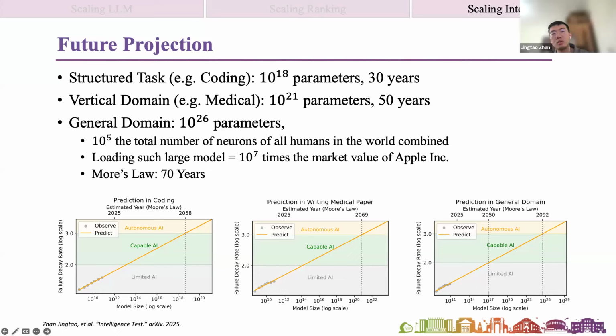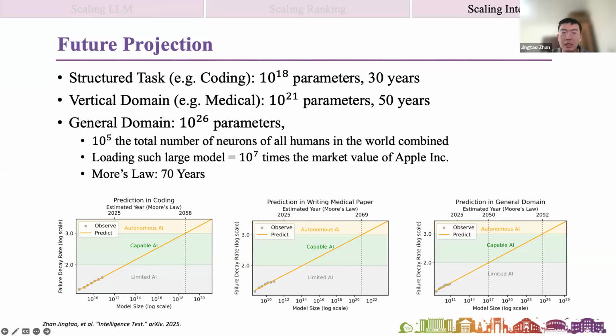And if we want to load such a large model on H100 GPUs, without considering the training cost and the inference cost, and we just want to load them on these GPU cards, it requires 10 to the power of 7 times the market value of Apple Inc. And if Moore's law continues to hold, it requires 17 years before we can reach such a large scale.